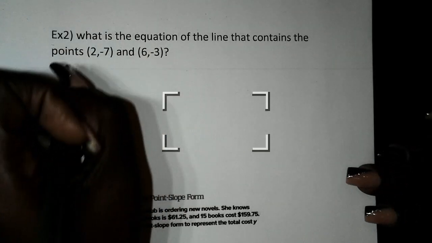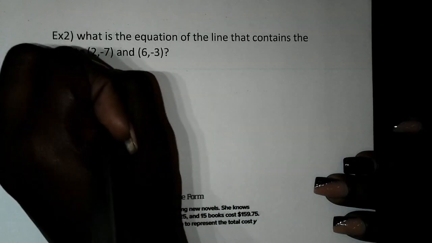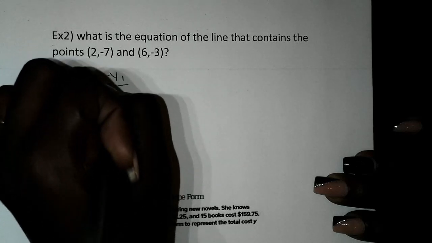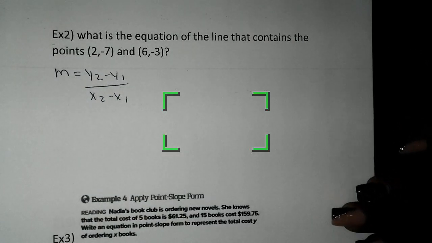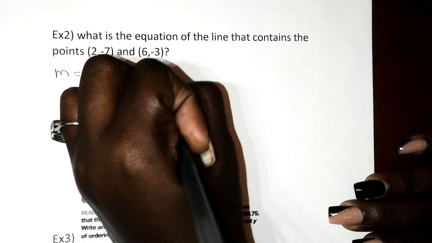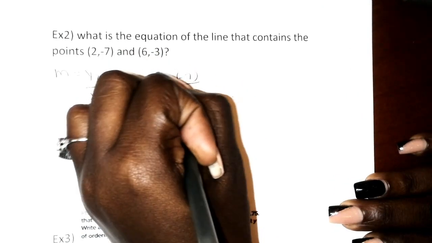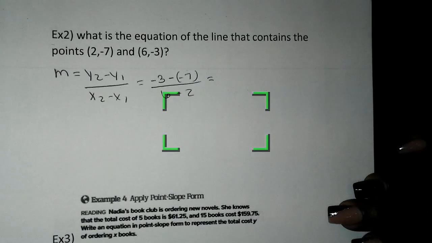Now this is where we use our slope. We find slope first, which is rise over run, which is y2 minus y1 over x2 minus x1. We use this formula first to find our slope, and then we fill in the blanks, which becomes -3 minus -7 divided by 6 minus 2, because remember, rise over run.